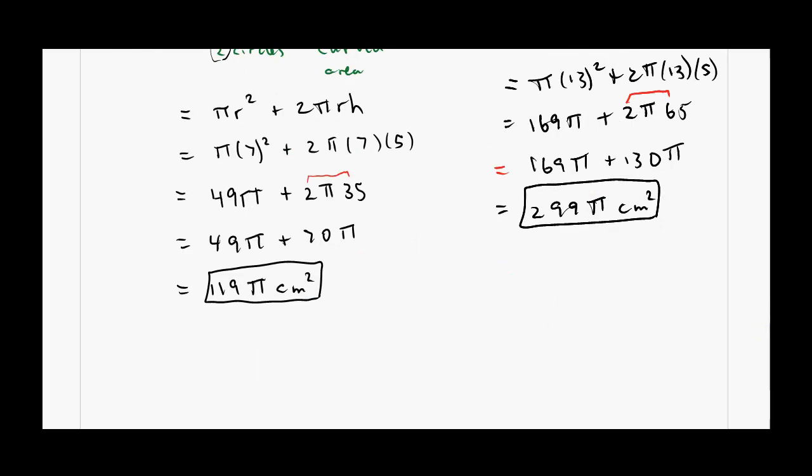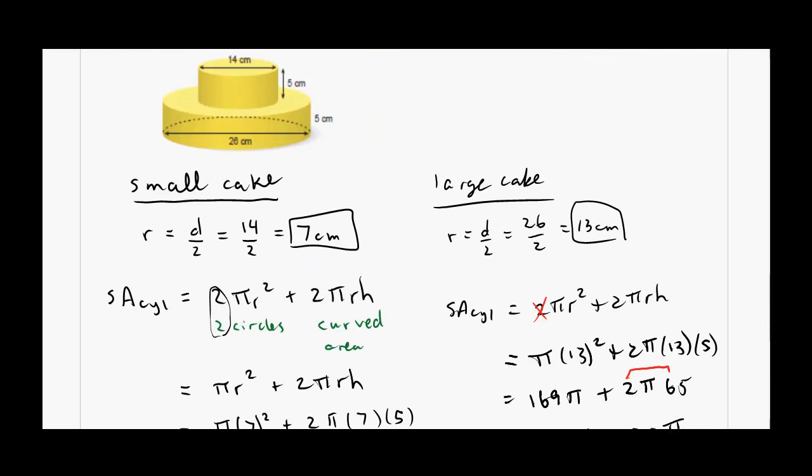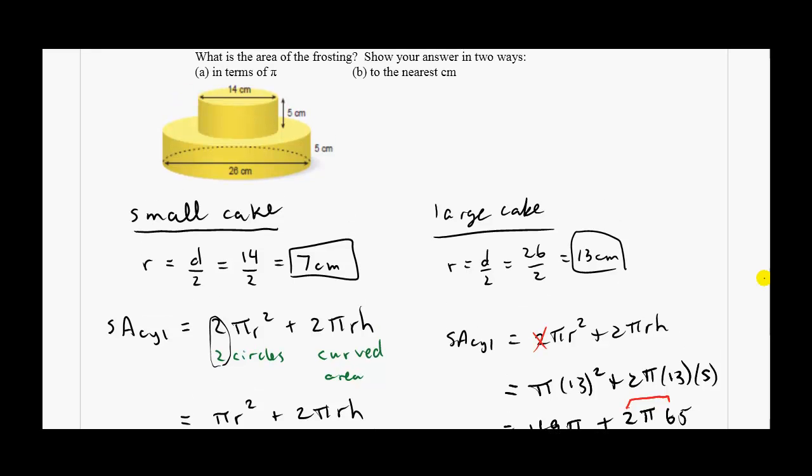There is some overlap. So right in here, that small cake is covering the top part of the larger cake. And there's no frosting there.